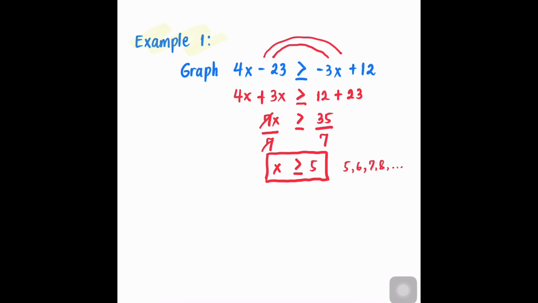So to graph this, draw a horizontal number line, and then take 5. Because the symbol is greater than or equal to, based on what we discussed earlier, you will have a closed or solid circle, and then all the way to the right.